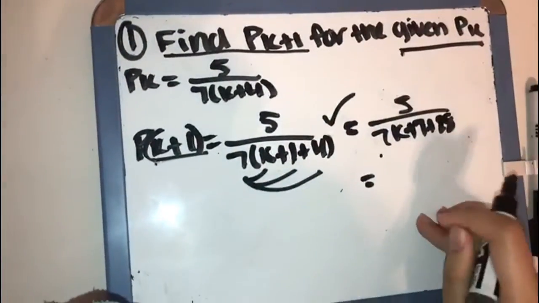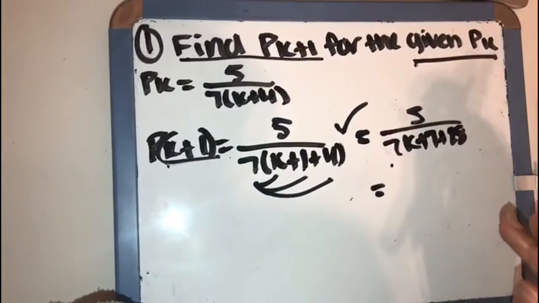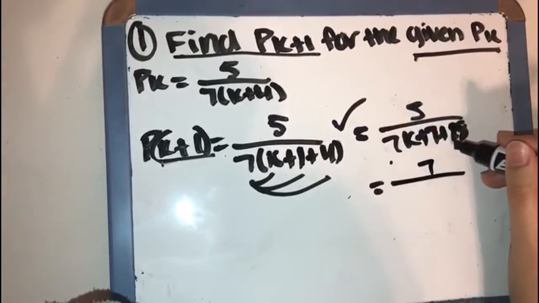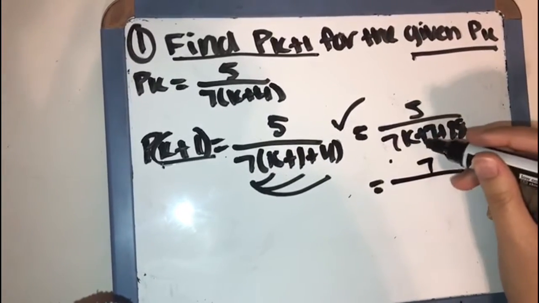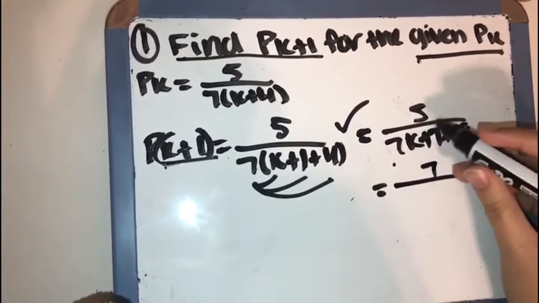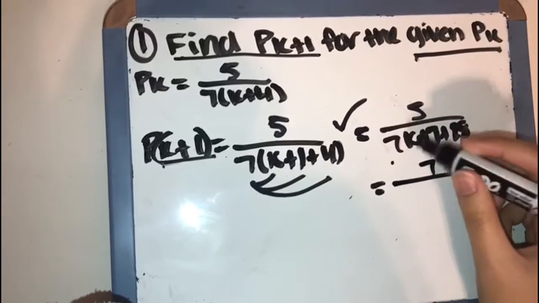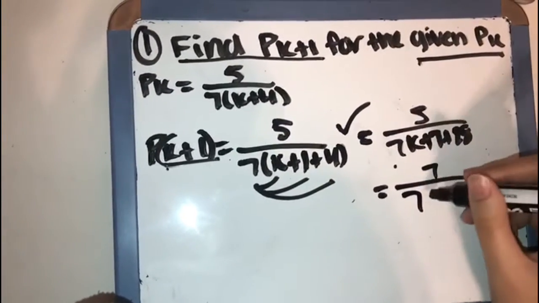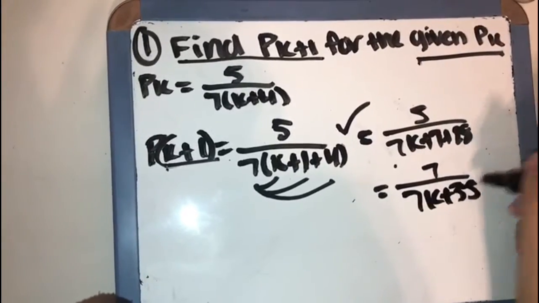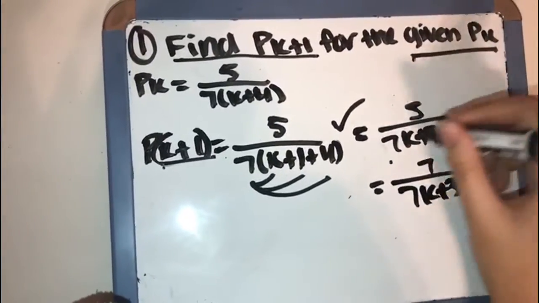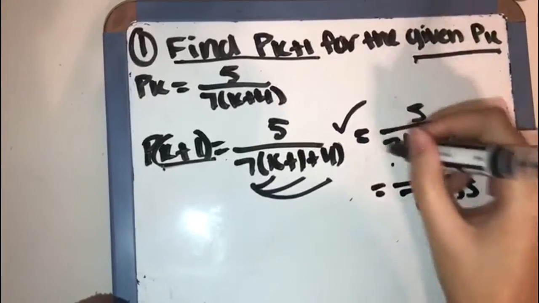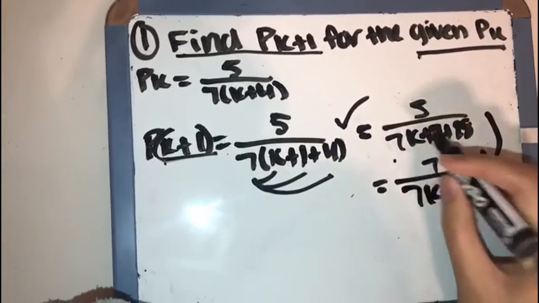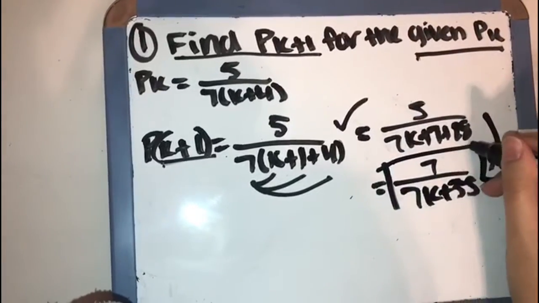So it's easier to simplify at the end. So it'd be 7k plus 35, since I simplified the problem right here. Now this will be your answer.